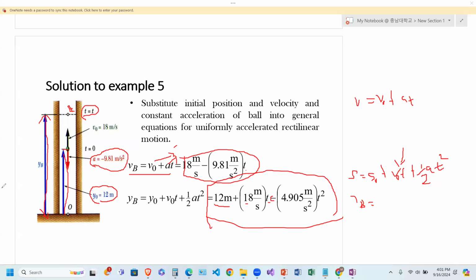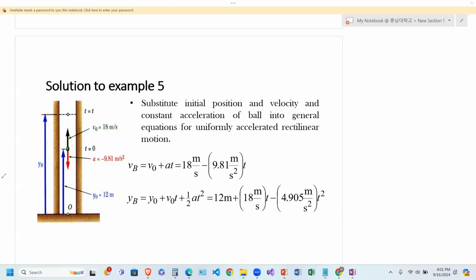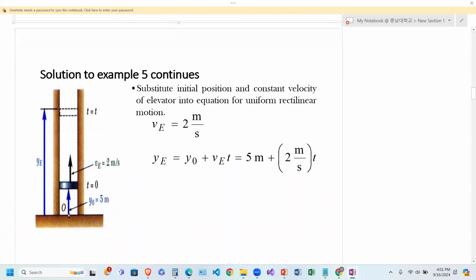How about for the elevator? So this is for the ball, and then we also need to get it for the elevator. Now we consider the elevator that is moving. The initial position of the elevator, they told us, was 5 meters, at a time t which was 0.